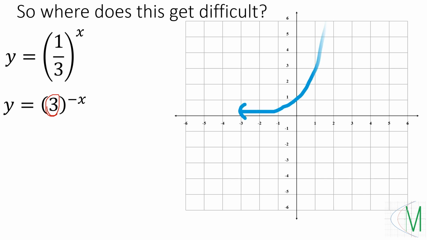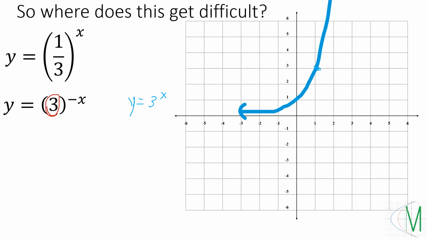Okay, so basically, if this was y equals 3 to the x, it would look like this. If you look at this graph, you can see pretty easily, let me write out the problem here. So this would be like y equals 3 to the x. So when x is 0, y is 1. When x is 1, y is 3.